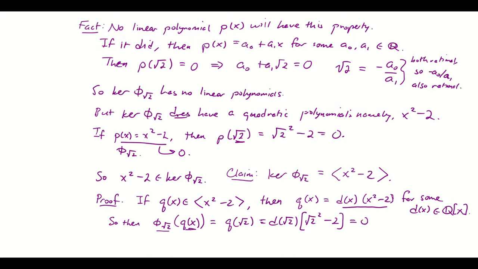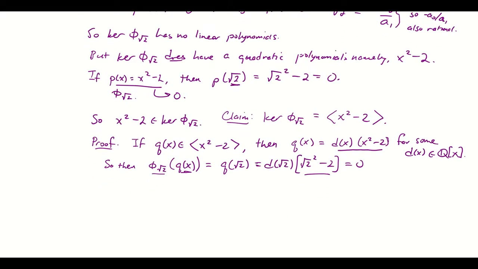And that gives me 0 because this factor here evaluates to 0. So that means q of x does belong to the kernel of phi sub root 2. Okay, that part is complete. So I can further say this principal ideal generated by x squared minus 2 is a subset of the kernel. Good to know.